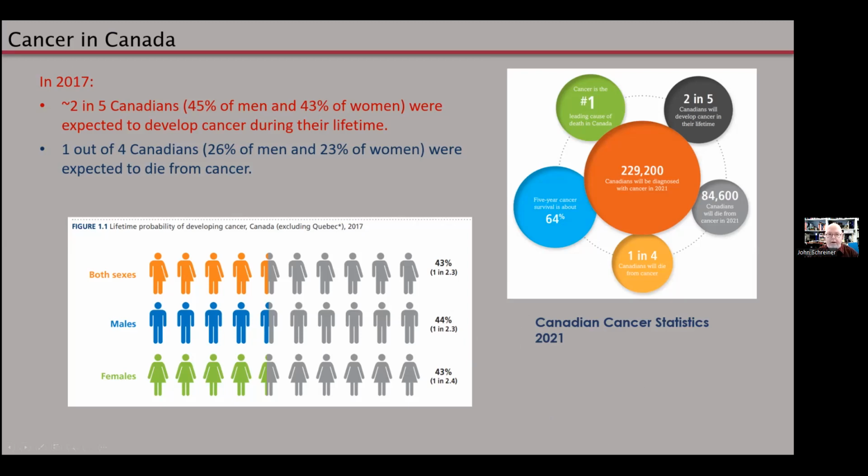So it is quite a prevalent disease. But many of these people will survive, and only about 1 in 4 Canadians die of cancer. So we do have a lot of success in our treatments, and our treatments are quite effective.